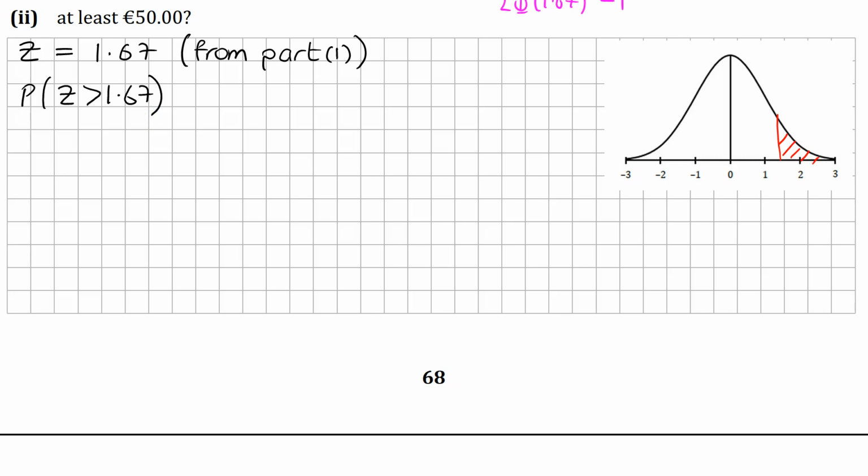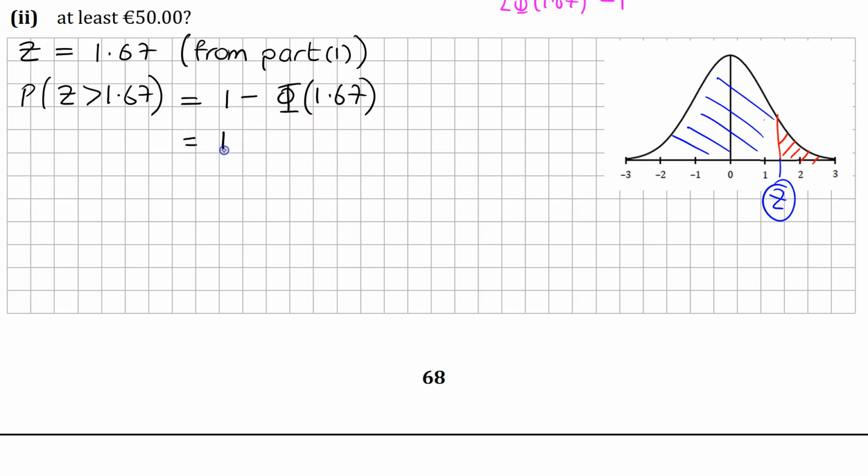Now remember, we can only do to the left of a z-score. So what we want is 1 minus the left z-score. This part here gives us what's in blue, so 1 minus will give me what's in red.